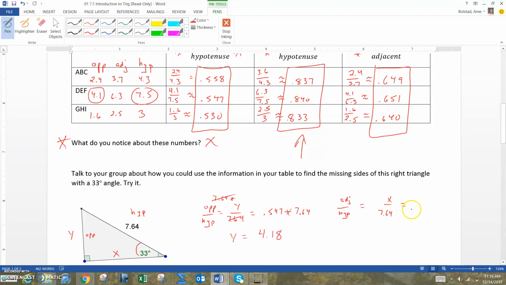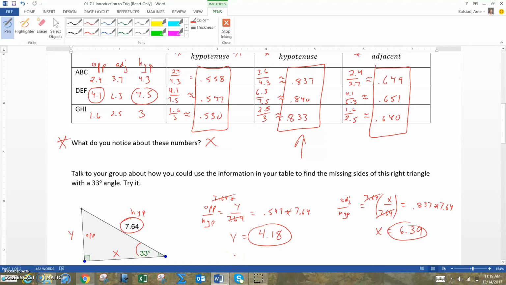Again, I'll take the middle value, that'd be the 0.837. And to get rid of dividing by 7.64, we would multiply both sides by 7.64. 7.64's top and bottom equal 1. So x would equal 6.39.